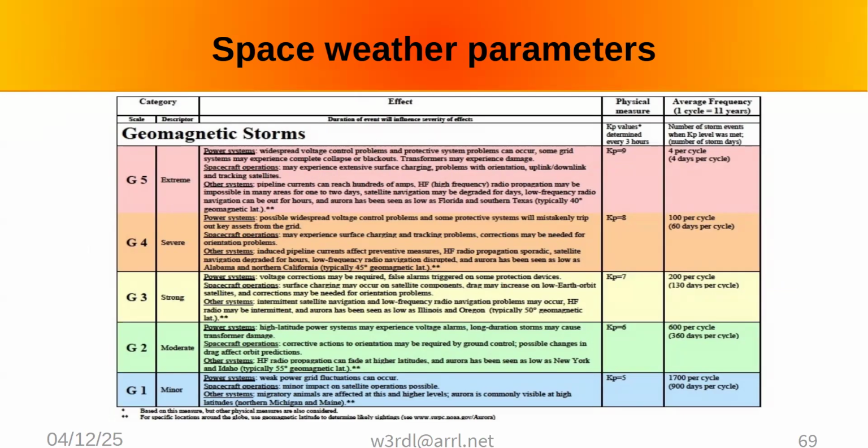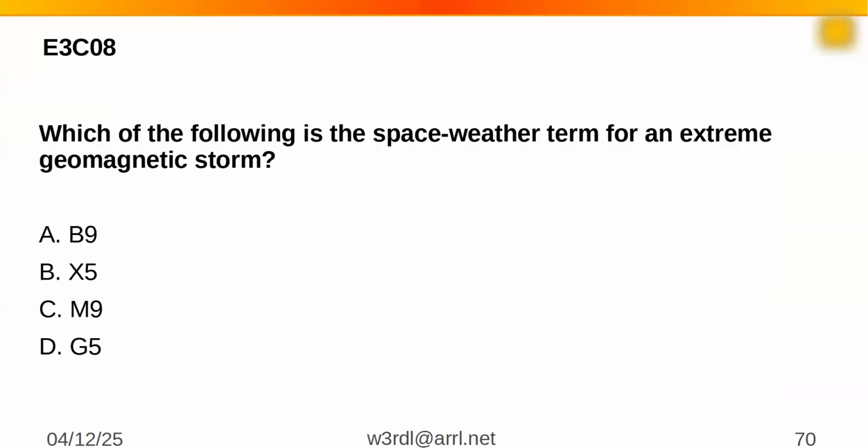It's also showing the associated K index levels that go along with those, because it's all interrelated. It's all part of measuring geomagnetic activity. So which of the following is the space weather term for an extreme geomagnetic storm?